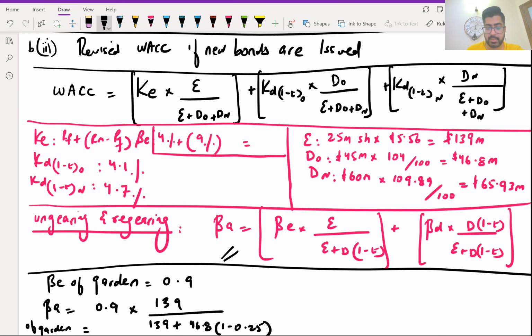There is no beta debt, so that term will be 0 and the whole bracket will become 0. So 0.9 times 139 divided by the total, 46.8 into 0.75 plus 139, gives 0.72. This is the beta asset of garden only.